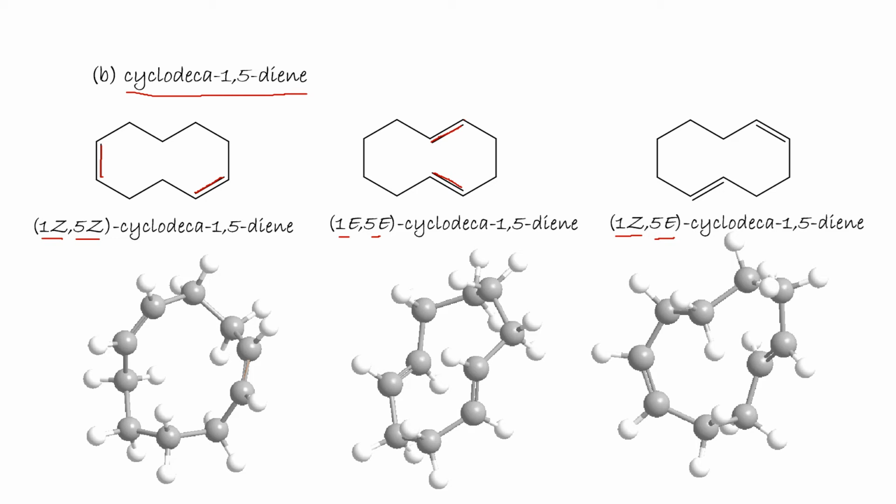Again, building up, we have here double bond, we have here double bond, here we have double bonds, trans, we have here trans, trans, here we have cis, and the other one here we have trans.